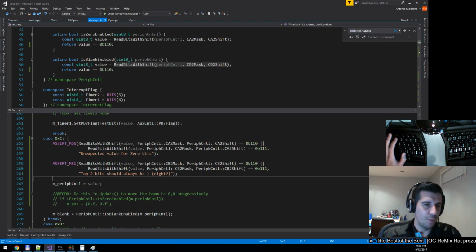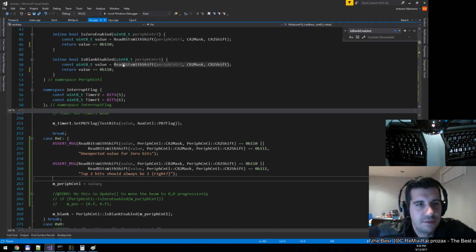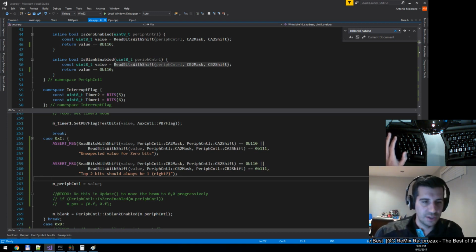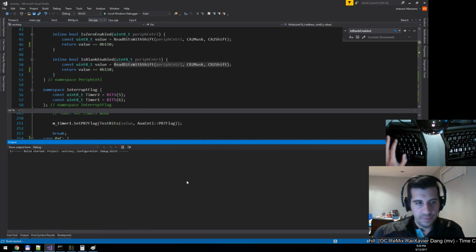What it means is that when we ask these functions initially if values are enabled or not, it won't be valid. It'll return whatever garbage, because I don't think these registers are initialized in hardware to valid values, but the BIOS initializes them early on, and then it's good for the rest of the time. So let's try that again.